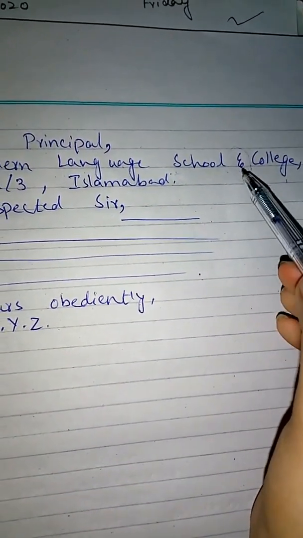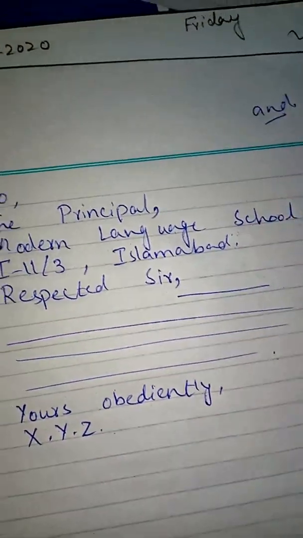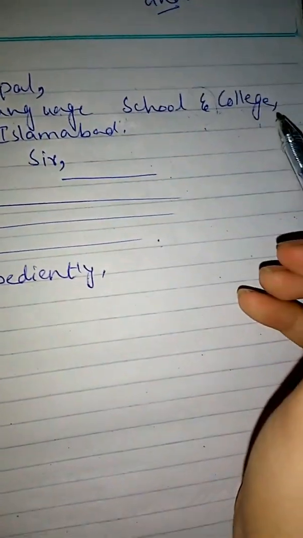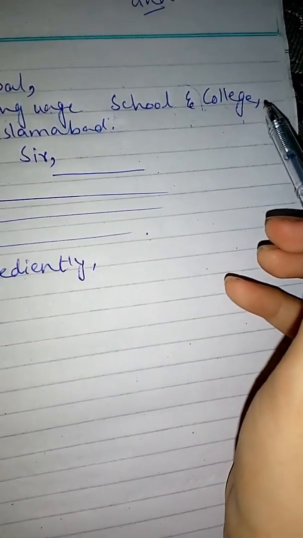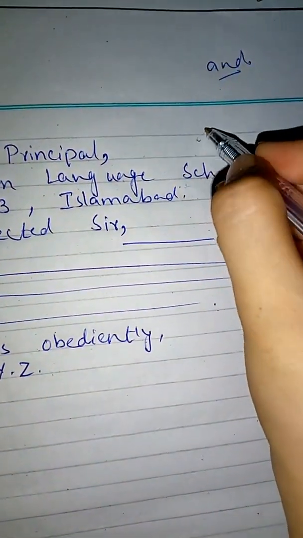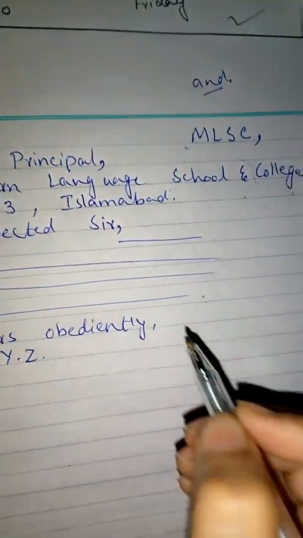You have to put this "and" because in your school name we have this, not the "&" sign. Then College C will be capital, and after this you have to use the comma, or if you are using its short form, you will use it like this and then comma.